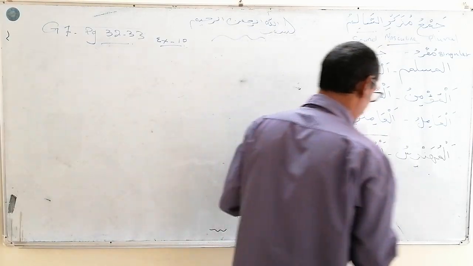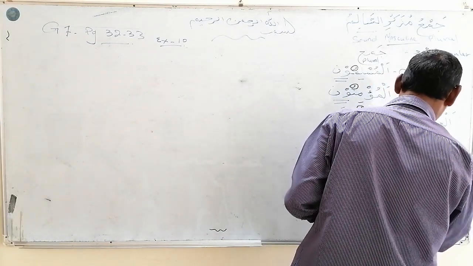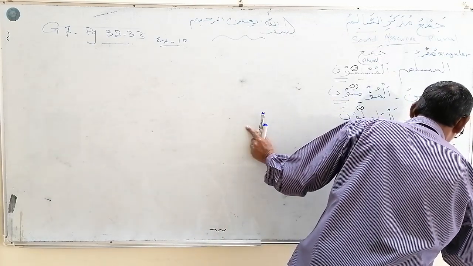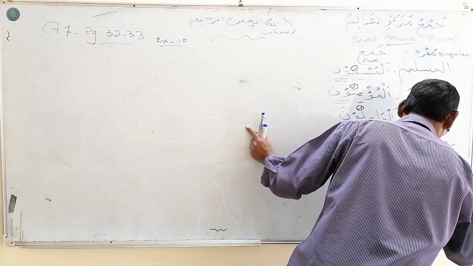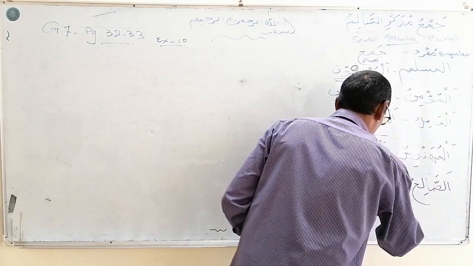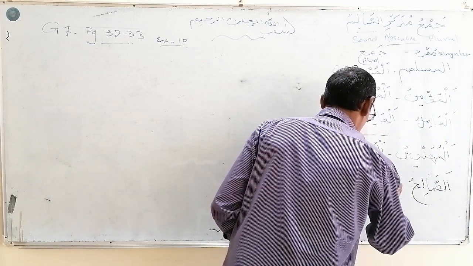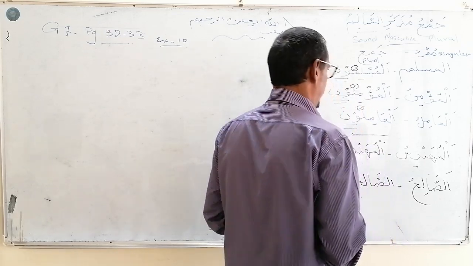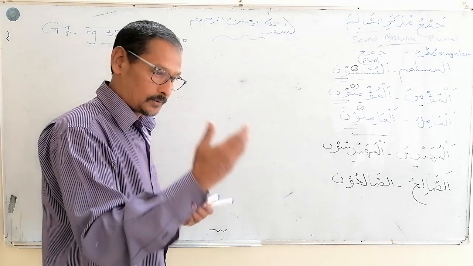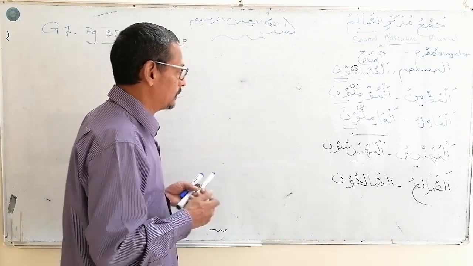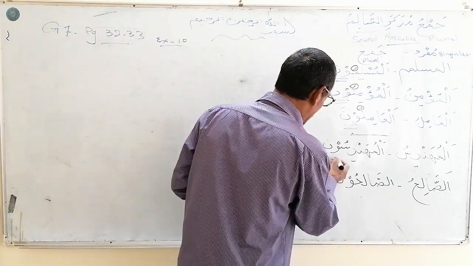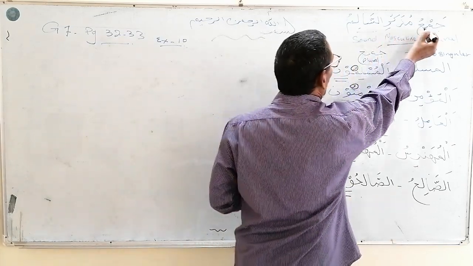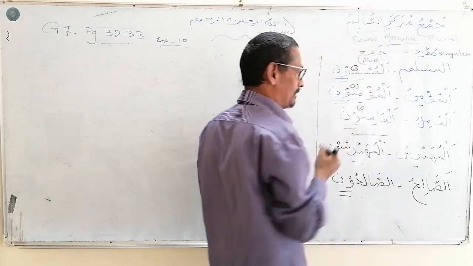We have also as-salihu, the pious, as-salihuna. As-sadiqu, as-sadiquna. Al-katibu, al-katibuna. So all these ending with waw and noon are called jam'u muzakkar as-salim.